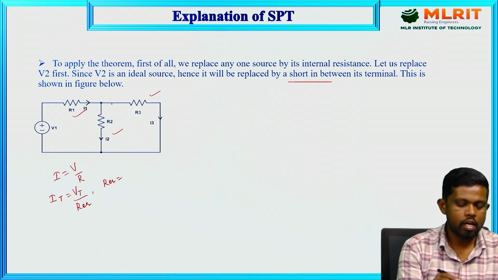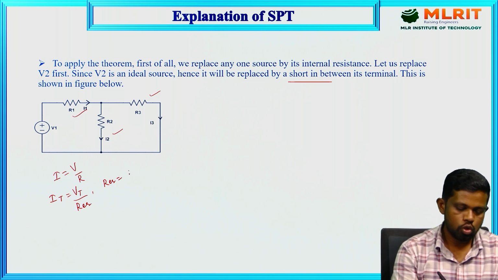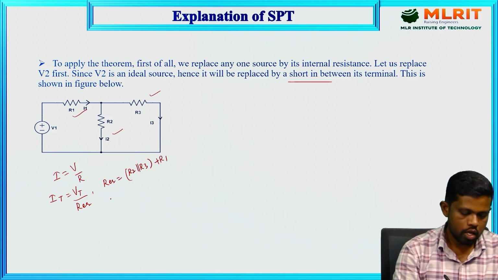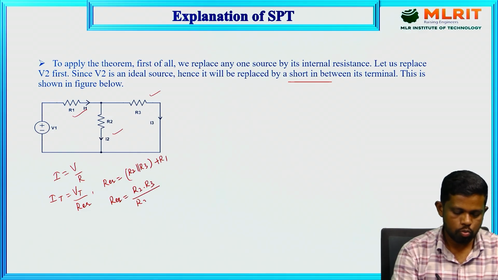R2 and R3 are in parallel, which is in series with the R1 resistor. Hence the equivalent value of the above combination is R2 into R3 by R2 plus R3, plus R1.